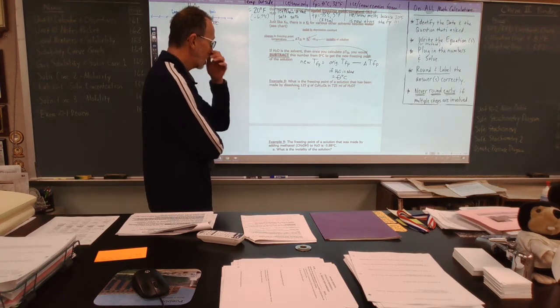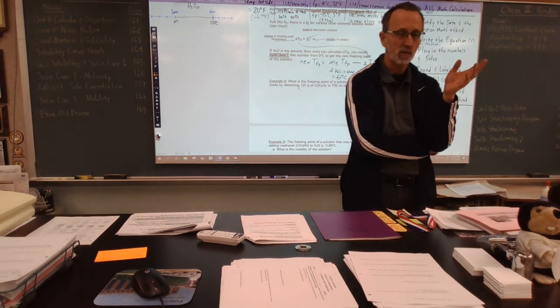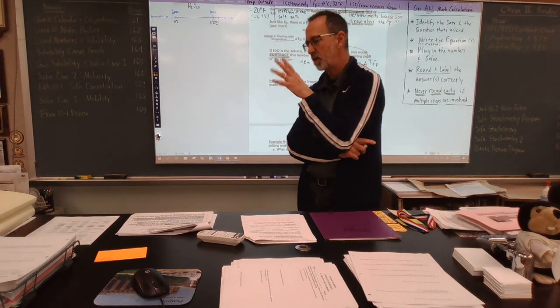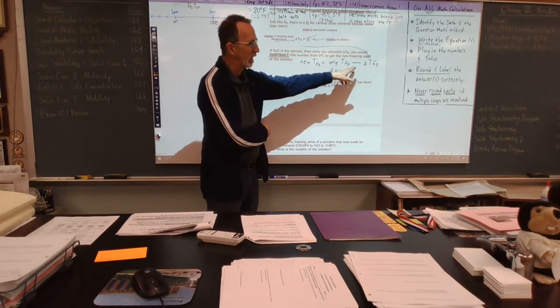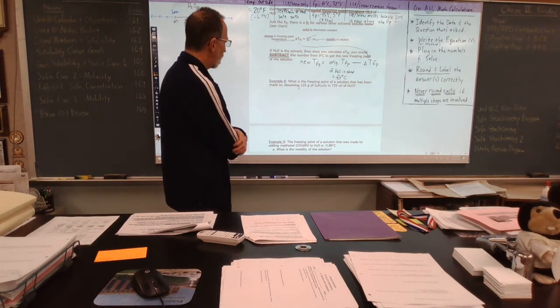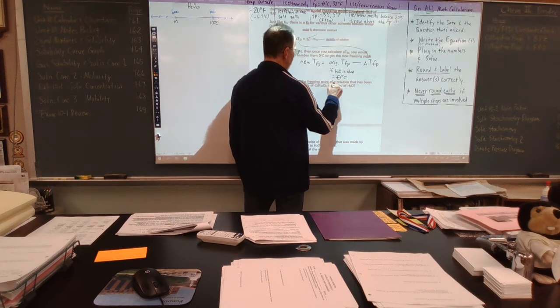All right, so let's look at this first example. These two examples today are very, very similar to the ones we did yesterday. The math is almost the same, okay? But here's where it differs. So this first one asks, what is the freezing point of a solution?